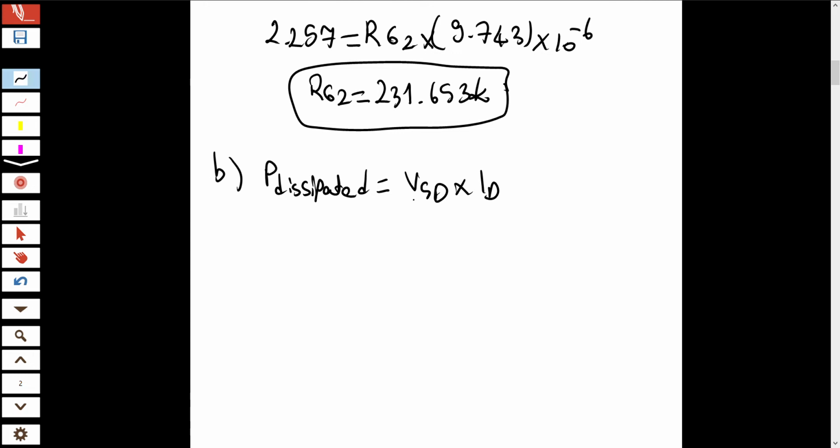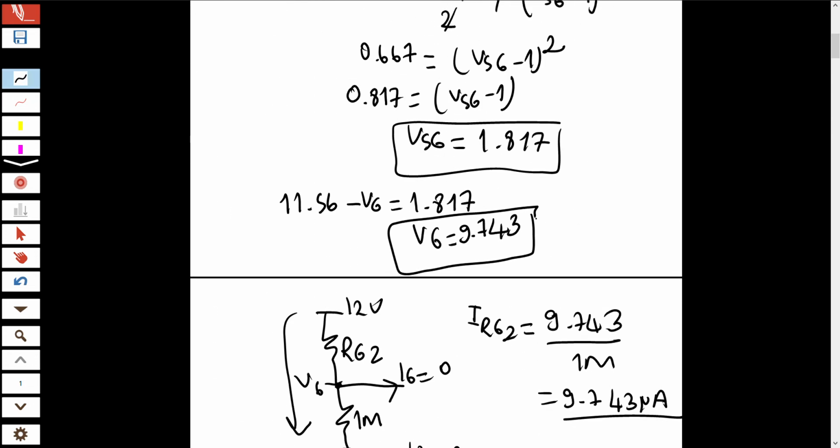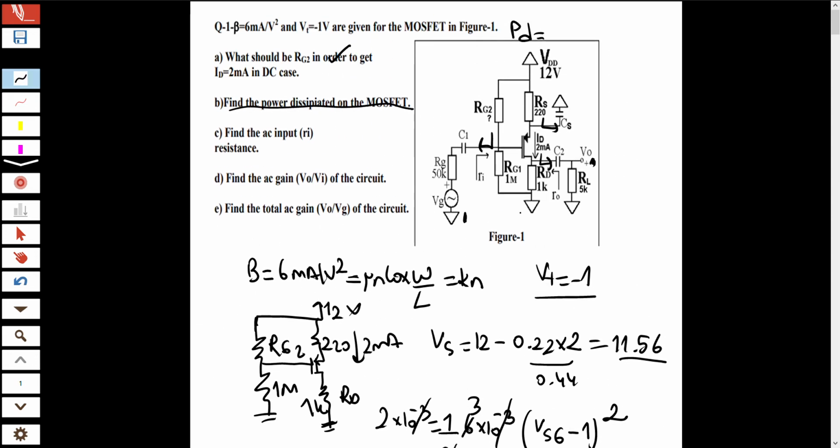I mean, this is the voltage across the MOSFET, and this is the current through the MOSFET. I know that ID is 2 milliampere. What is V source drain? We should find V drain, and it is easy.